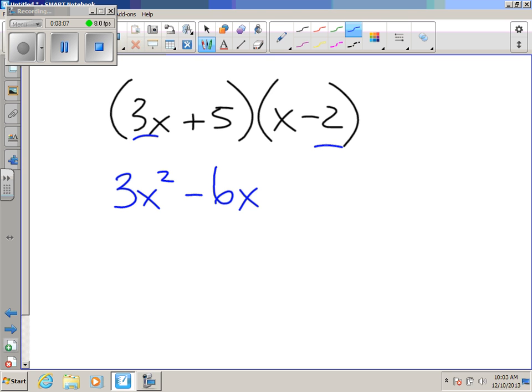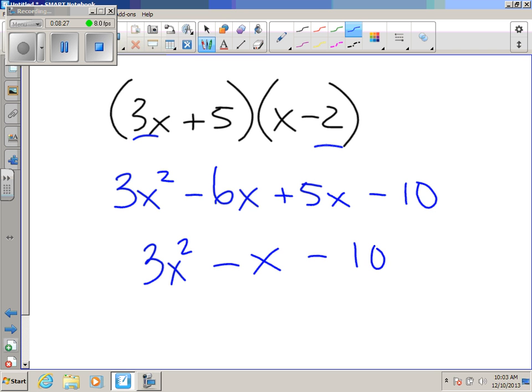Your inner, 5 times x. And your last, negative 10. 3x squared we can't touch. A negative 6 and a positive 5 is going to leave us with negative x minus 10.